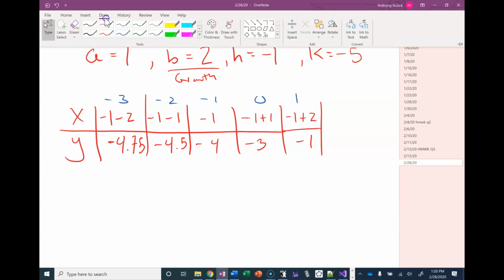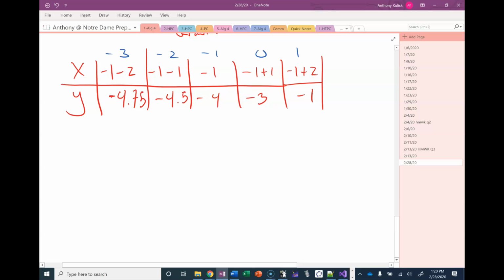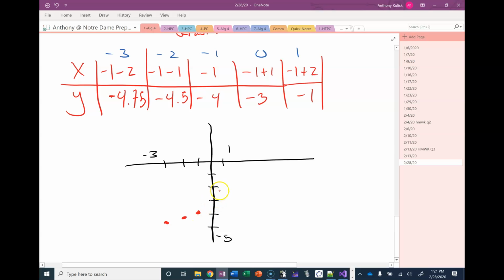Okay. So let's plot our points. So I have -3 and -4.75. -2 and -4.5 is maybe there. -1 and -4 is maybe there. 0 and -3 is there.